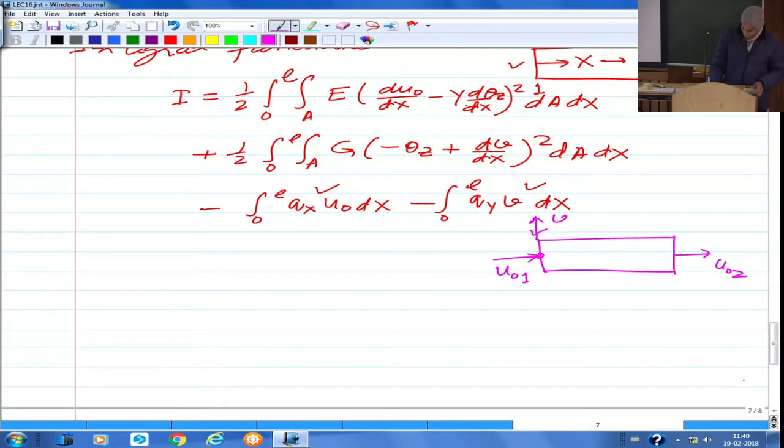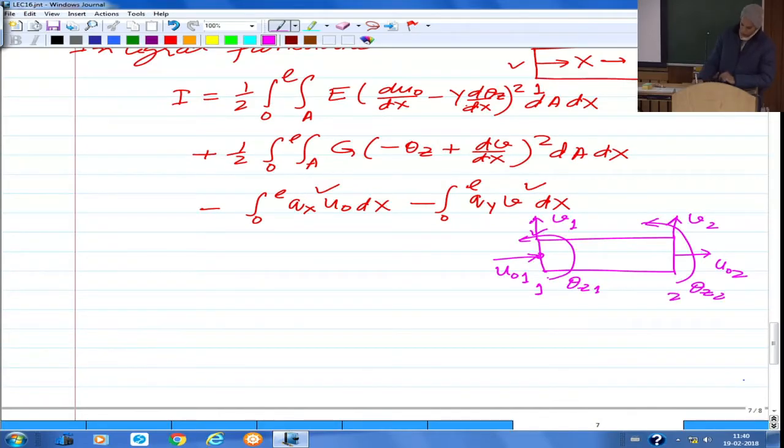Along the y direction, let us say this displacement is v1. Along the y direction, this displacement is v2. Let us say the rotation here is theta z2, and the rotation here is theta z1. So these are the displacements and rotations of these two nodes, say local nodes 1 and 2 of the element.